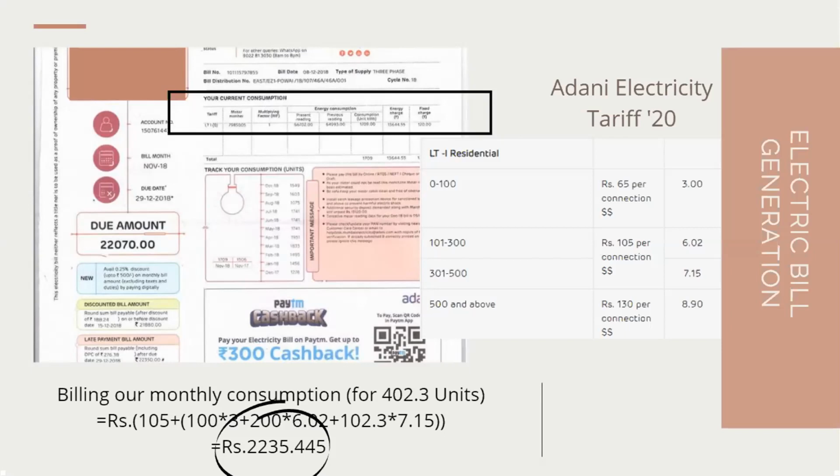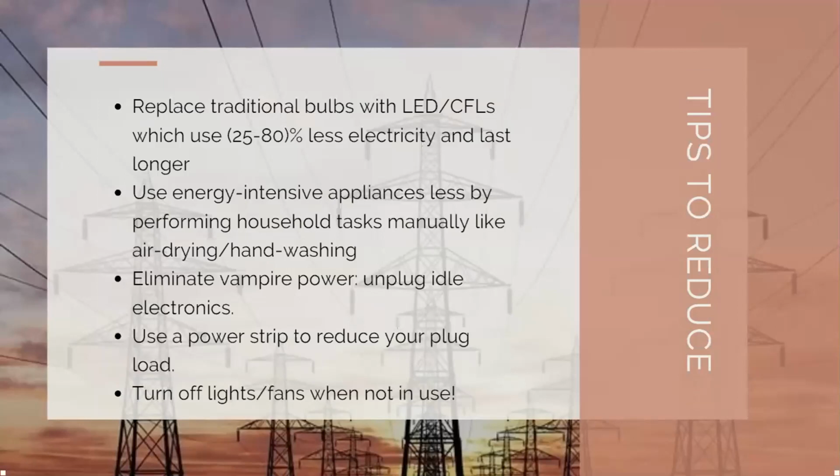So this is what gives us the indication that we actually need to take a look at how we consume our energy and where we can make it lesser. So we are done with that. Now, simple tips to reduce our household consumption are to replace our existing models with energy efficient models. For example, LEDs and CFLs are more efficient than the usual tube lights.